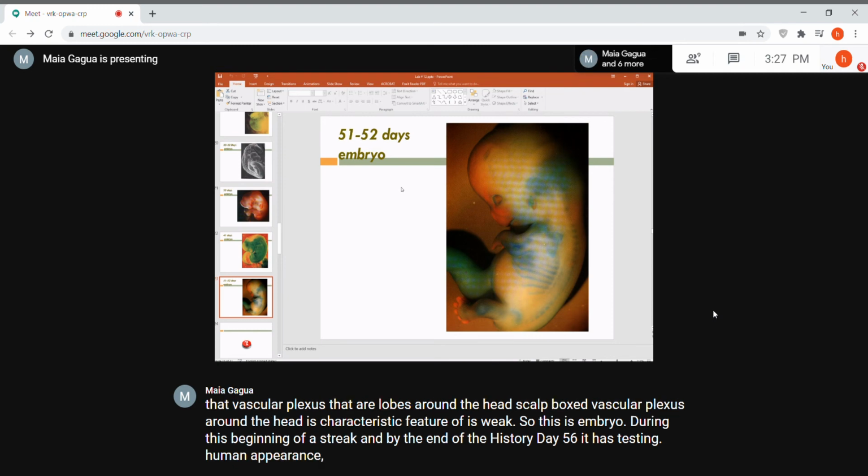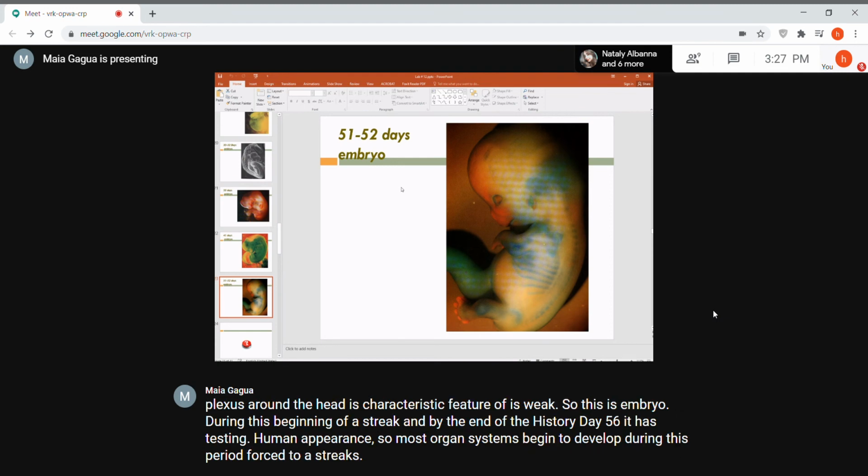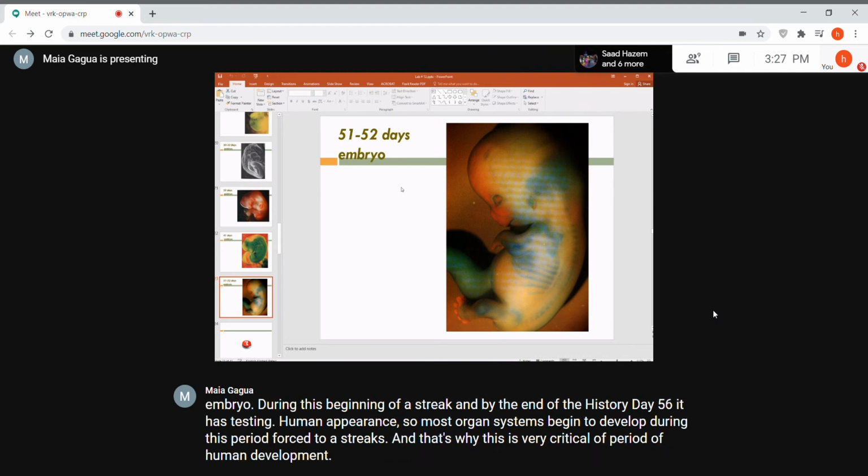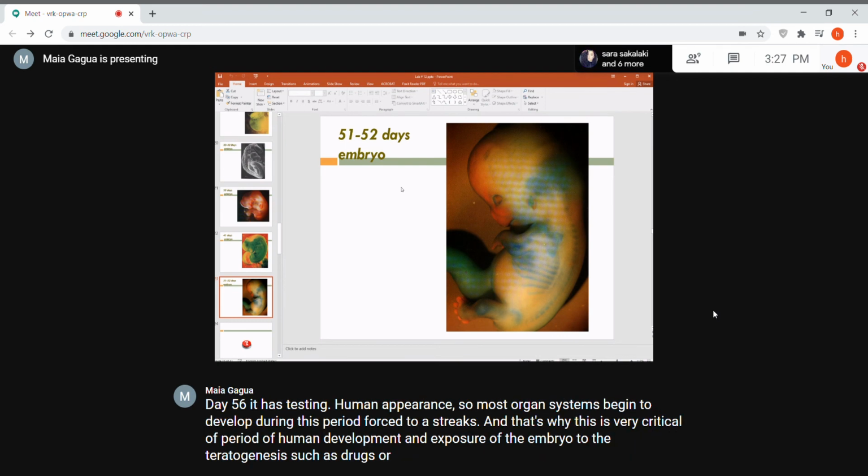Most organ systems begin to develop during this period, 4 to 8 weeks, and that's why this is a very critical period of human development, and exposure of the embryo to teratogens such as drugs or viruses may cause different birth defects.